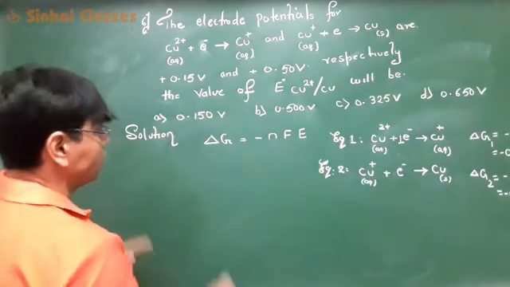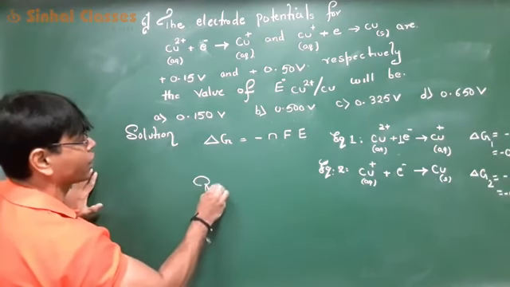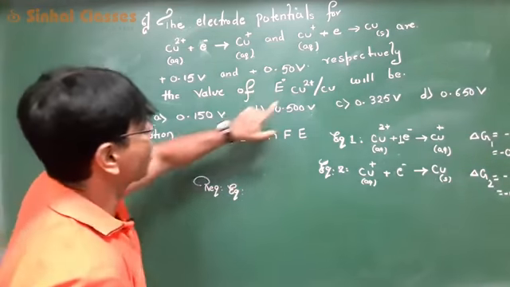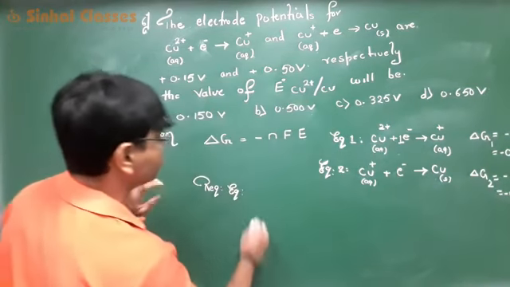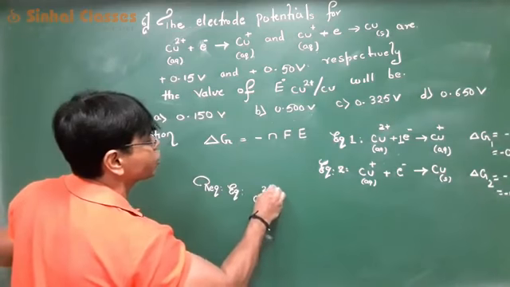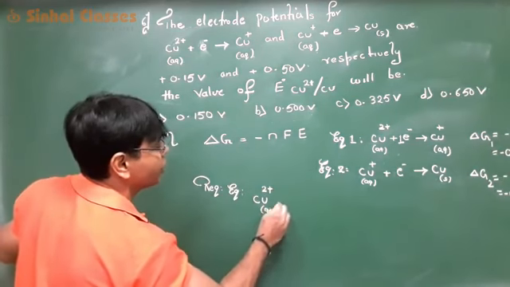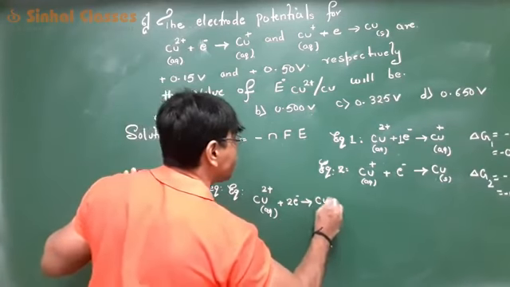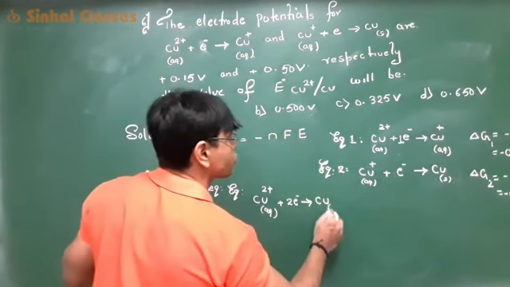Now the required equation for us: I wanted Cu2+ to Cu. That means Cu2+ aqueous will accept 2 electrons and get converted into Cu solid.